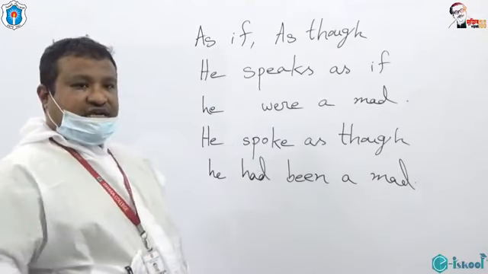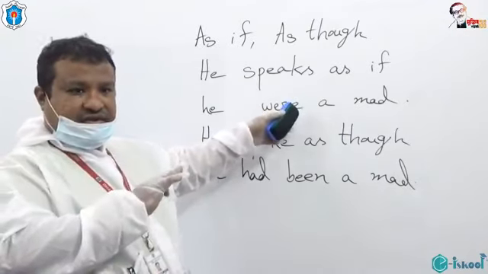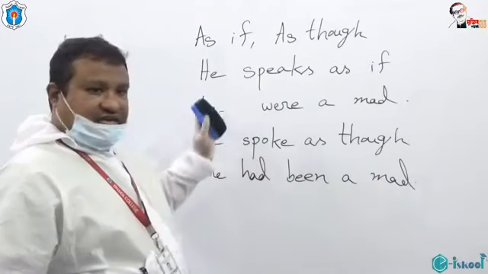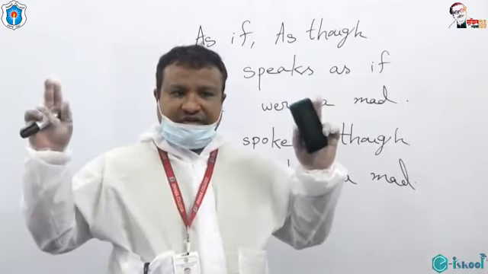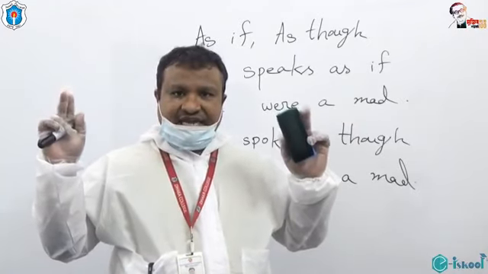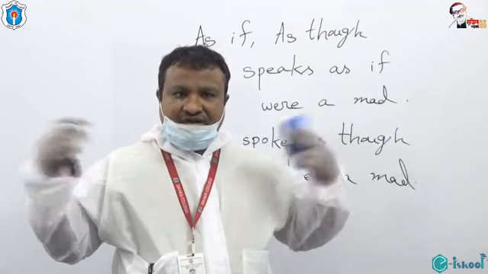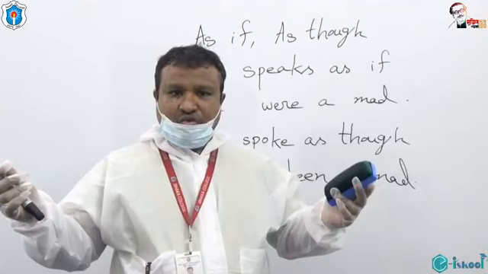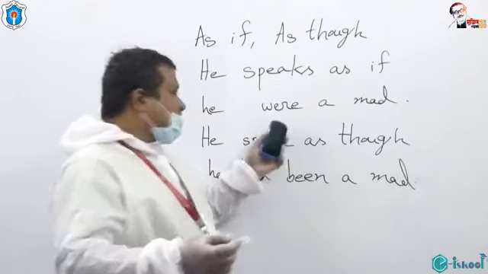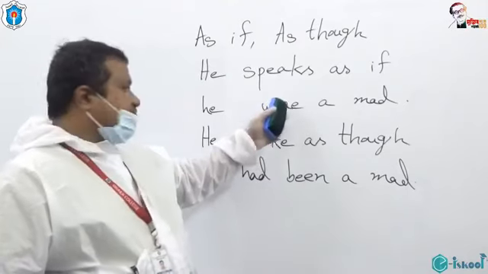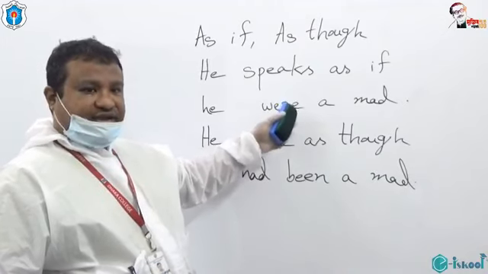When we are using any to be verb, it will be were, irrespective of the subject. That is, if you say, sir, this subject is singular number, aren't we supposed to use was here? No, you are not supposed to use was, because in this case you have to use the to be verb were.